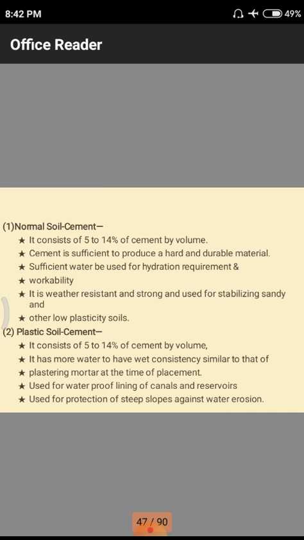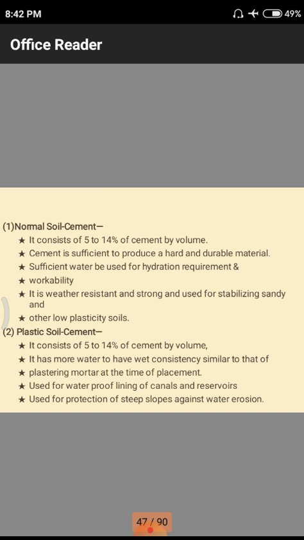It is weather resistant and strong, and used for stabilizing sandy and other low plasticity soils. That means it is weather resistant. Whenever there is a rainy season or a snow season, all those weathers can be resisted by these soil cement stabilizations, and it is very strong in those particular times.